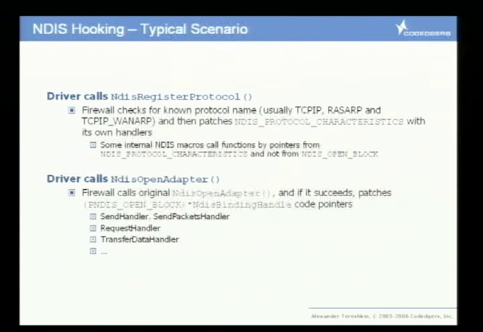In this structure, it will patch the send handler, send packets handler, and a few other fields with its own handlers. In these handlers, the firewall should check the incoming and outgoing packets and deny them, using some rules for the packet checking.